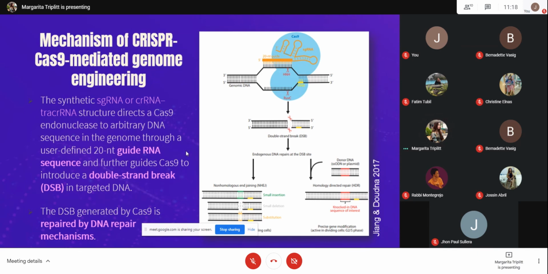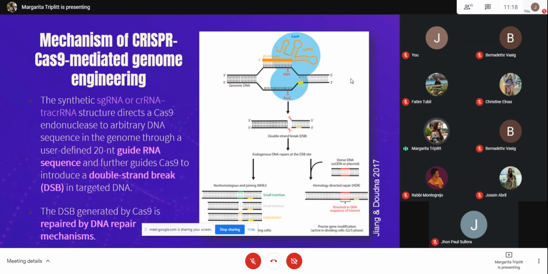So in this process, the CRISPR-Cas9 complex will cut out the specific sequence of the DNA with the help of PAM.